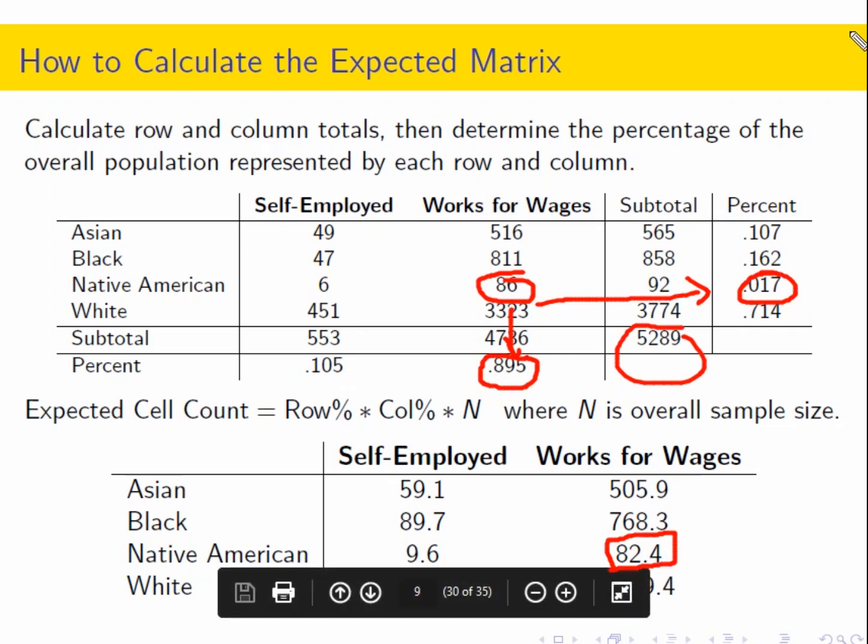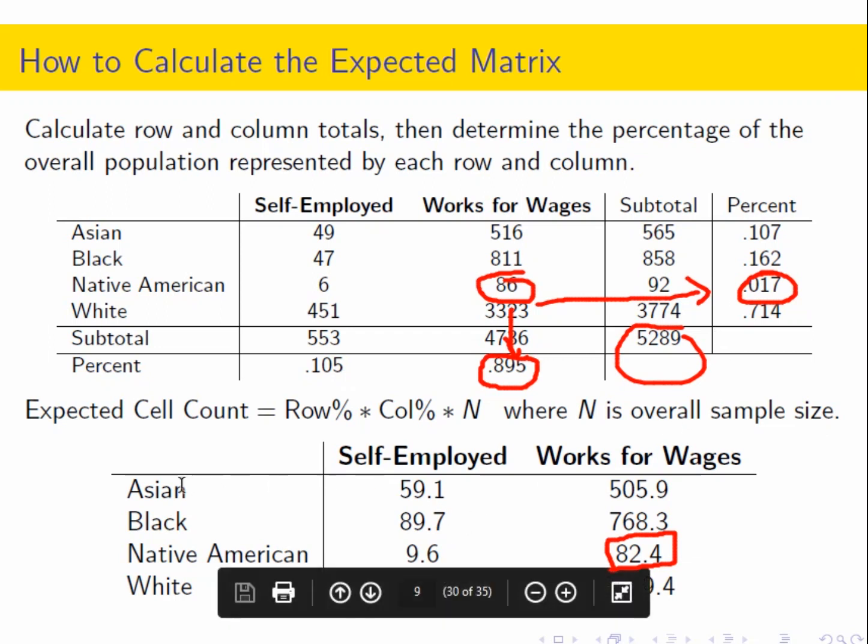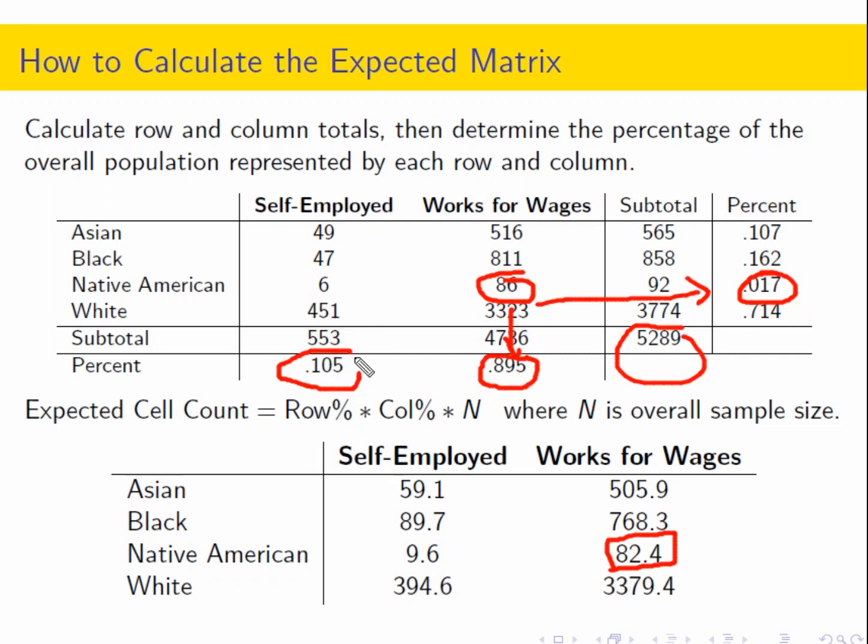All right, so this is how we calculate the expected matrix. What does it mean? Well, it's just taking the percentage of self-employed and applying it to all four ethnicities. And then it's taking the works for wages percentage and applying it to all four ethnicities.